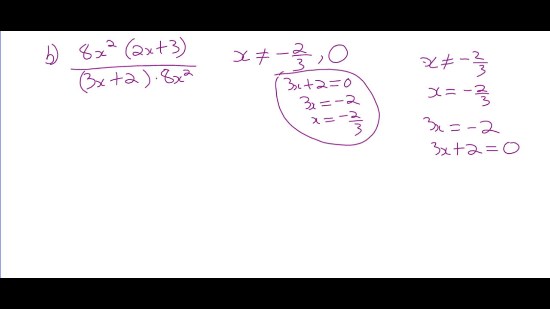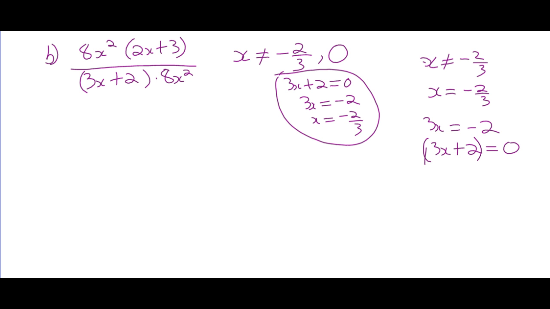So we just rewrite it so that this side is a 0. And this is the factor that gives you this as the non-permissible value, which you then write as a restriction.